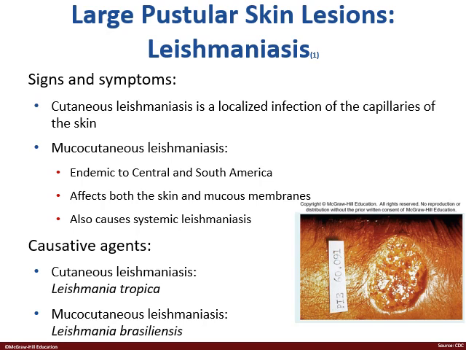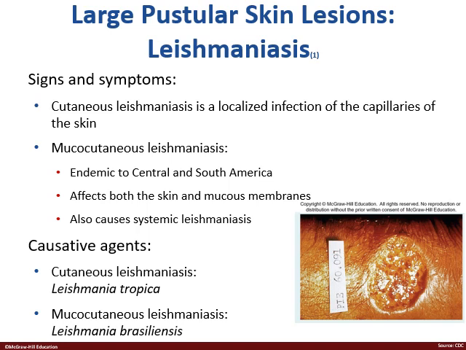We've now discussed the small pustular, small vesicular skin lesion-based diseases. Now we're going to talk about what they call the large pustule. Large pustules means that the individual pustule or node or vesicle is going to be anywhere from an inch to 2 inches in diameter.